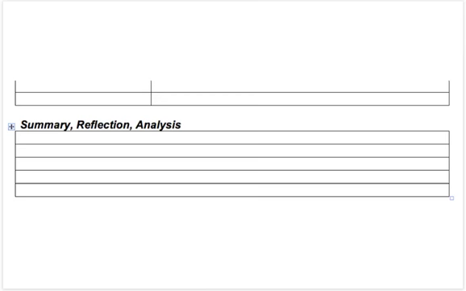And then this part down here, the summary and the reflection and analysis, this part we're going to be doing in class after we've had a chance to take the notes and after we've had a chance to write on the left-hand side. Also, there's a back side to your paper, so if you run out of room on the front side for the notes, just flip over and continue on the back.